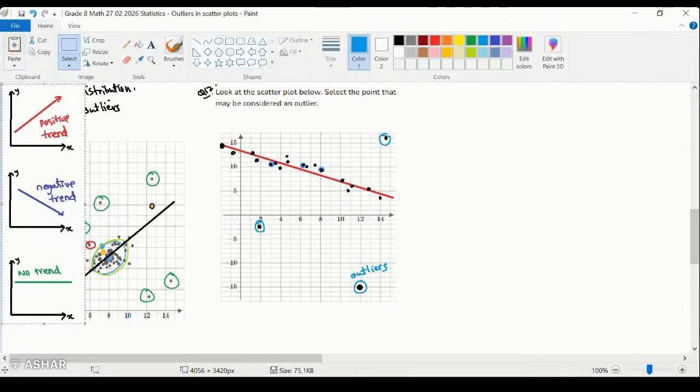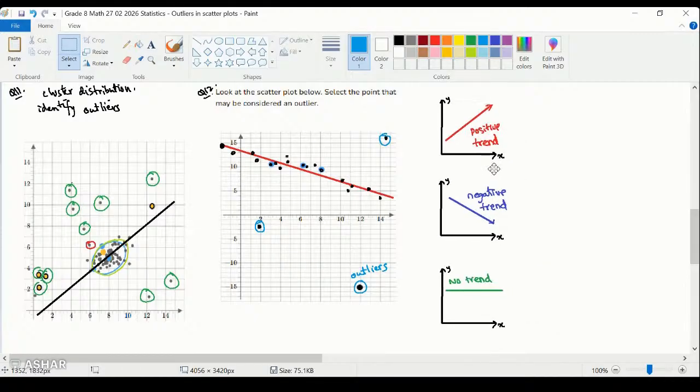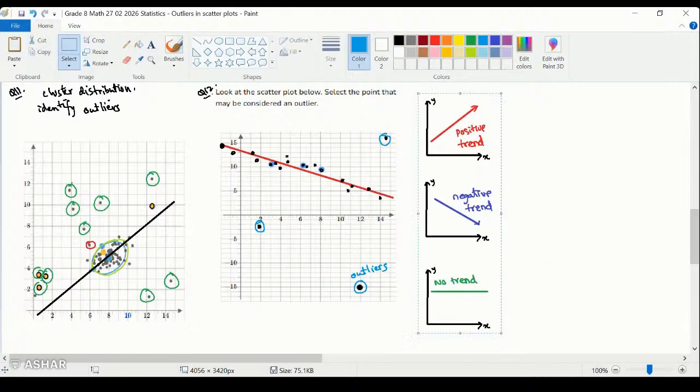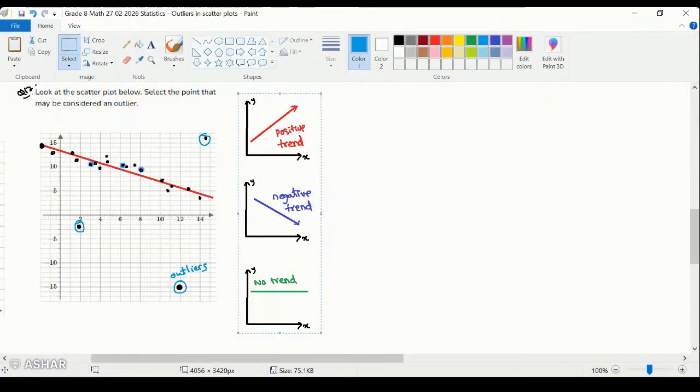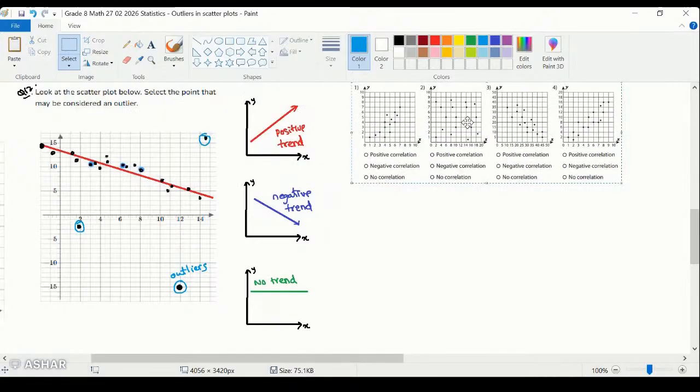So let's see now what kind of trends there are. Which trend can we follow? Let me just copy some questions and let's see. Okay, with the outliers, I'll make some outliers and then we will look at the trends as well.